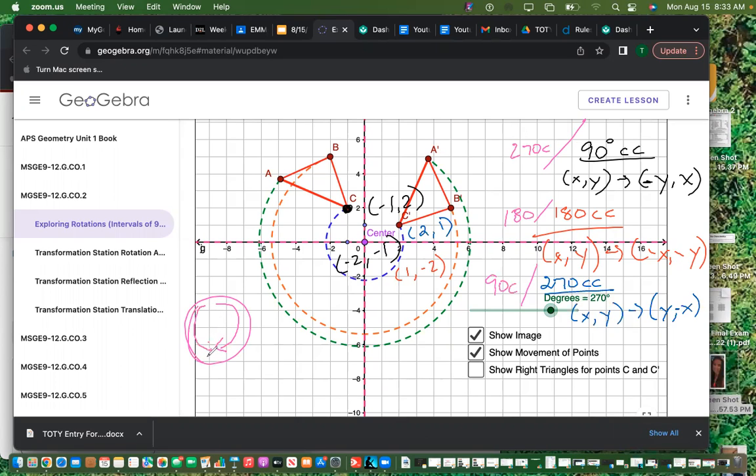Going this way on a clock is counterclockwise. Best way to memorize that is which one looks like a C. Well, this is a C and that's counterclockwise. That's the direction.